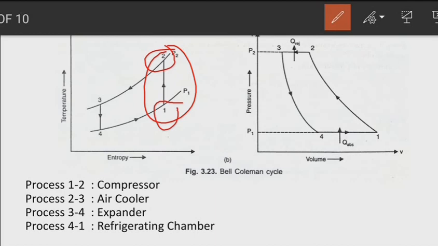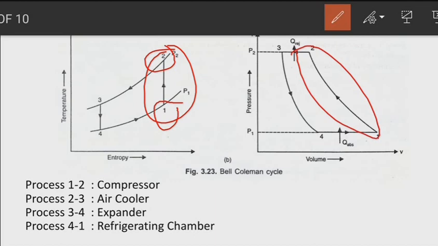Isentropically, it means that the pressure increases. You can see here that the pressure increases, but the volume decreases.